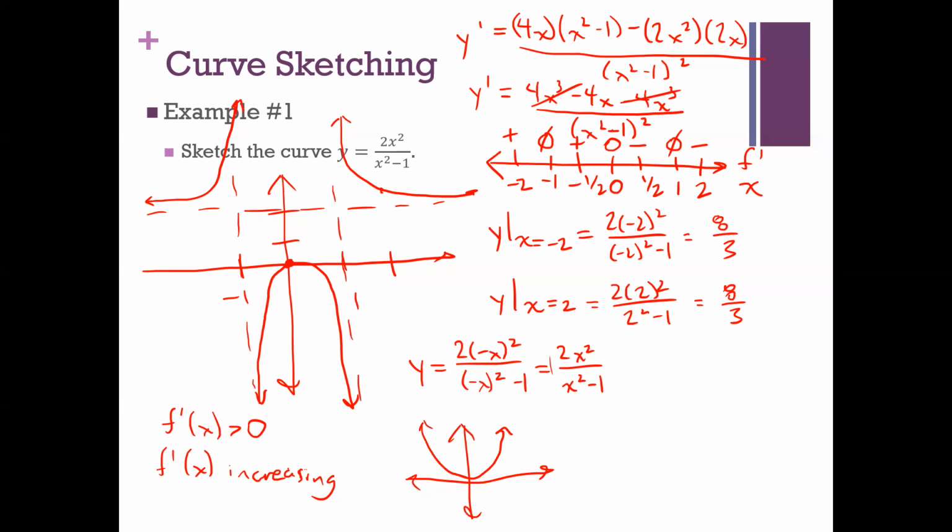But is f prime positive everywhere? No. So this is an example of the fact that one does not imply the other at all. If I draw tangents going left to right here, all those tangents are going to get more and more positive as I go from left to right. So f prime is always increasing there. But clearly everywhere to the left of the y-axis, f prime is negative.